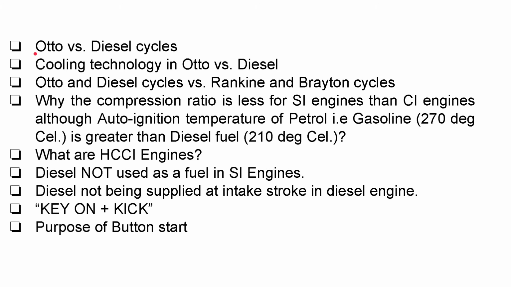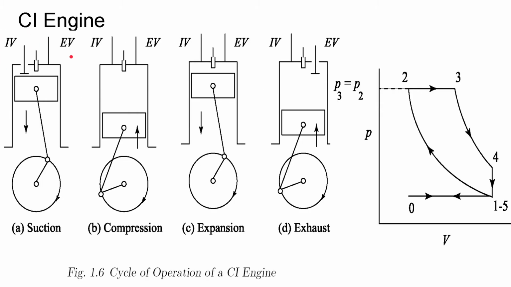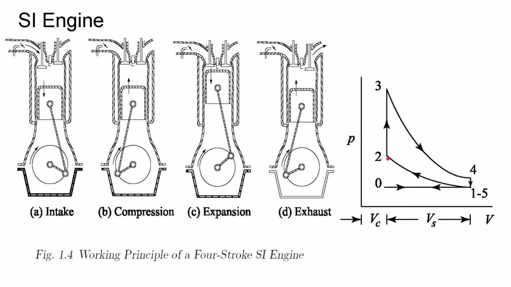So what's the difference between the Otto cycle and the diesel cycle, which is the same as the petrol cycle and the diesel cycle? The first point is that the Otto cycle, or the petrol cycle, has constant volume heat addition. Here the main combustion is happening at constant volume.